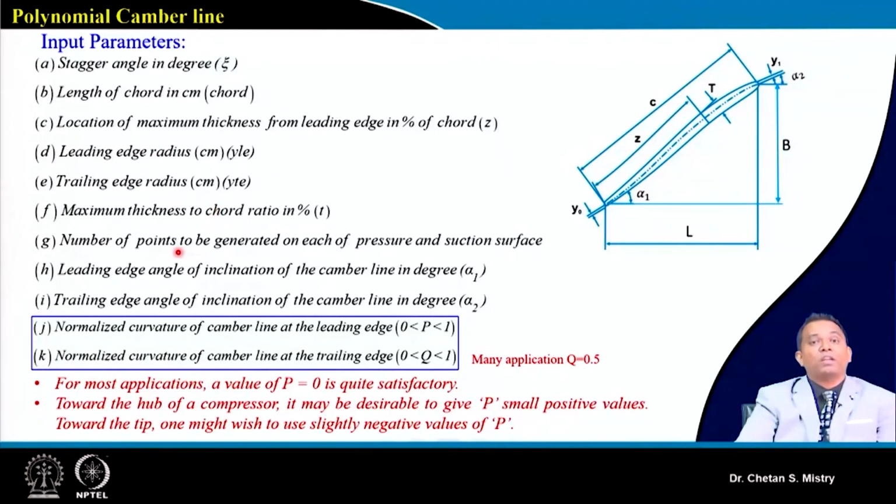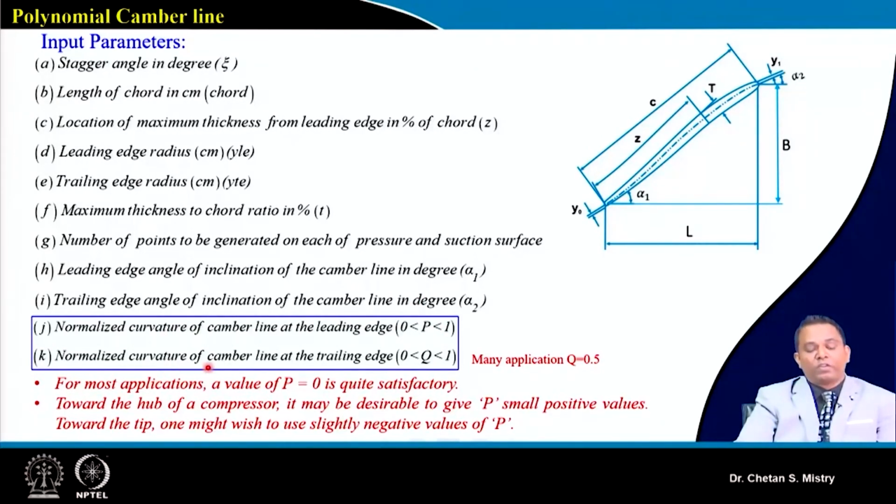We will be looking at the number of points to be developed for each. We are looking for the leading edge angle, that is alpha 1, and the trailing edge angle. We are also looking for the normalized curvature of the camber line at the leading edge, which we call P, in the range of 0 to 1.